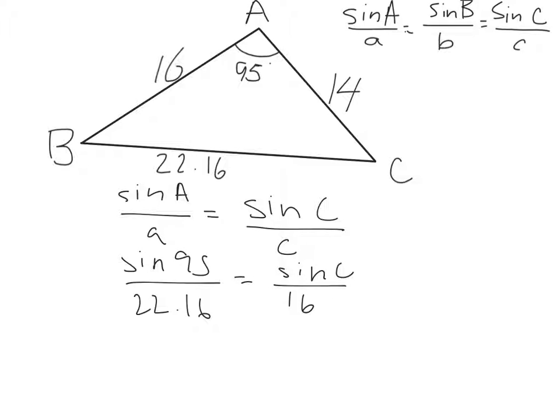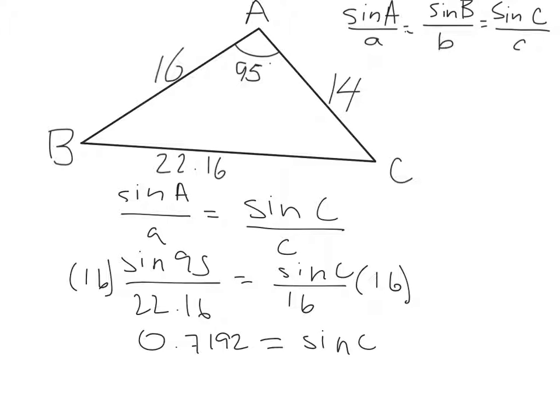So we have to find sine of 95, divide that by 22.16, and then multiply both sides by 16 in order to take the 16 from under and solve for C. That would give us 0.7192 is equal to sine of C.